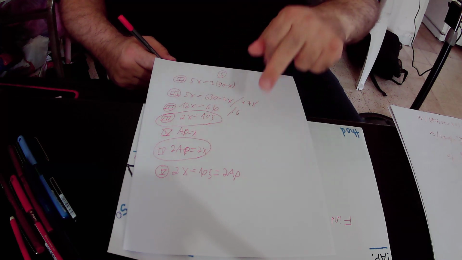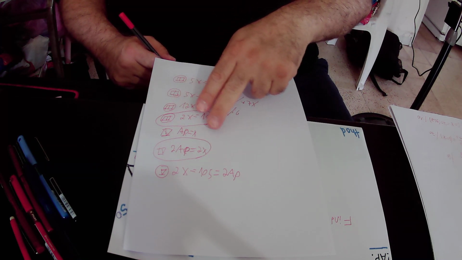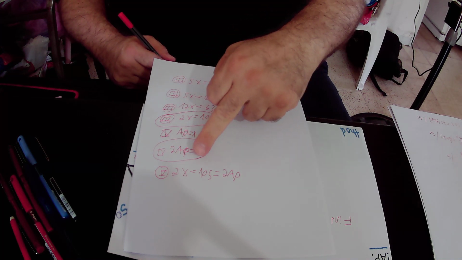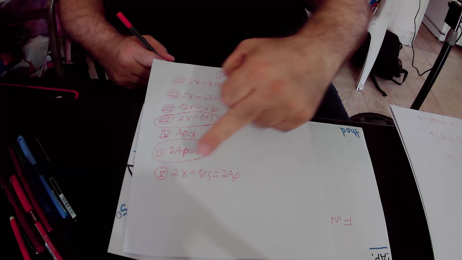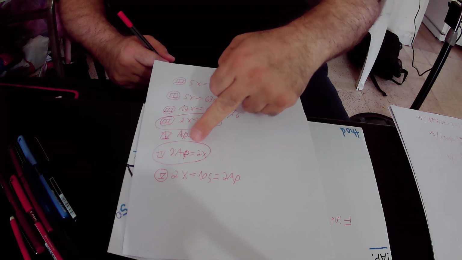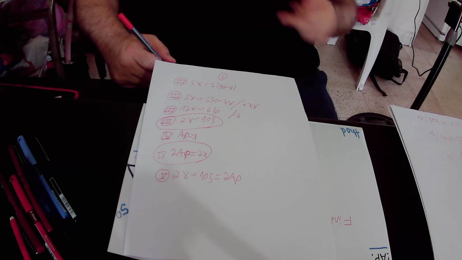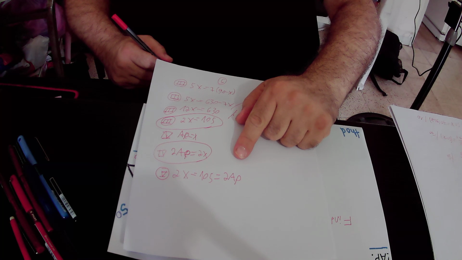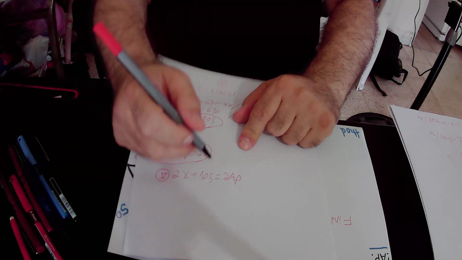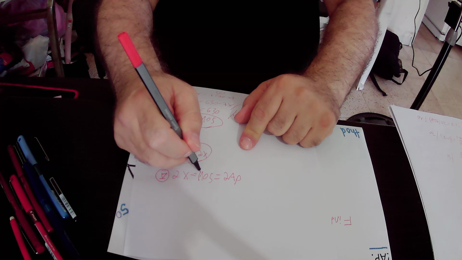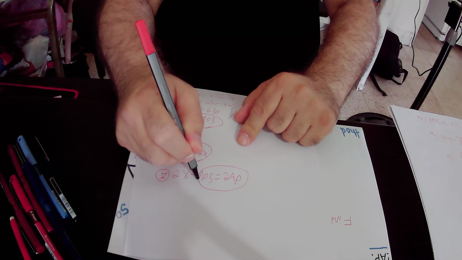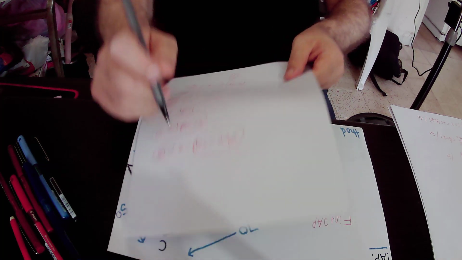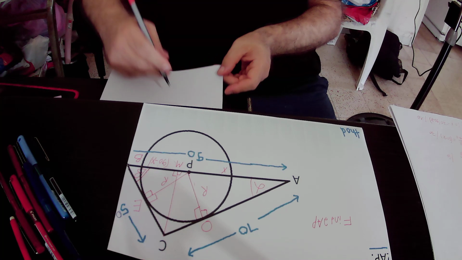And from the fourth equation, we know that 2x equals 2 times AP, so we can add in the fifth equation that also 2x equals 2 times AP according to the fourth equation. So in total, we got that 2x equals 105, that equals 2 times AP. Or we actually got the equality that states that 2 times AP equals 105 units. So we'll write it down.